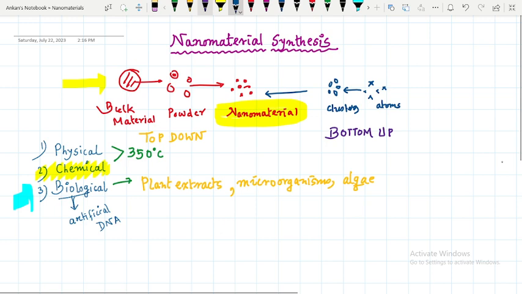So this is very important in our present day. So we should put a star mark on it.